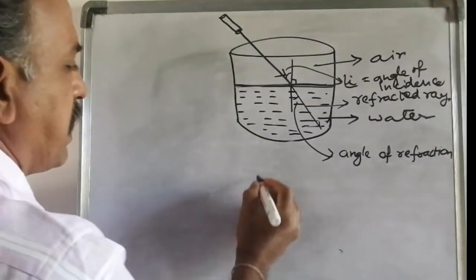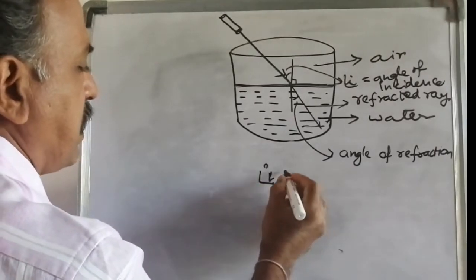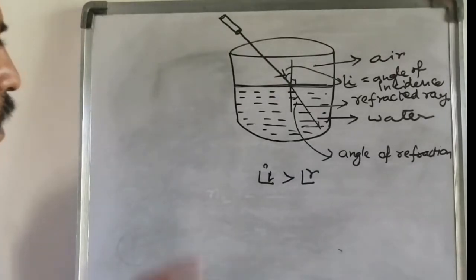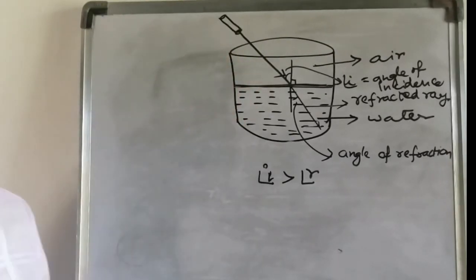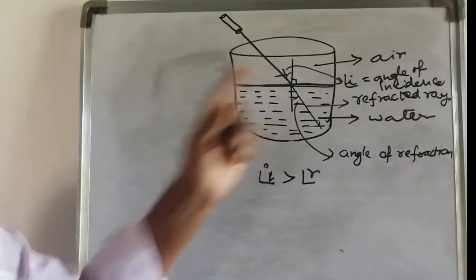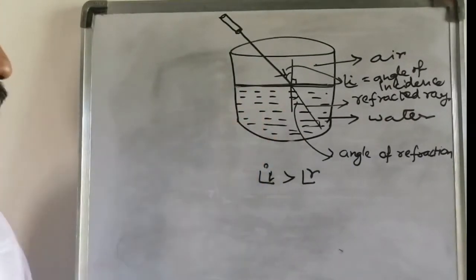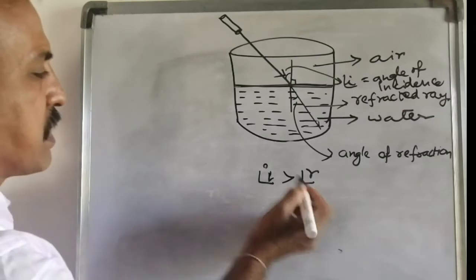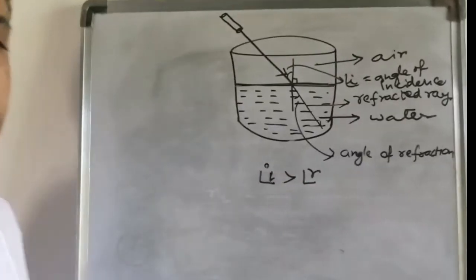So we confirm that here angle i is greater than angle r. Why? Because the speed of light in air is very high, the angle of incidence is always greater compared to angle r. The speed of light in water is less compared to air, that's why angle r is always less than angle i.